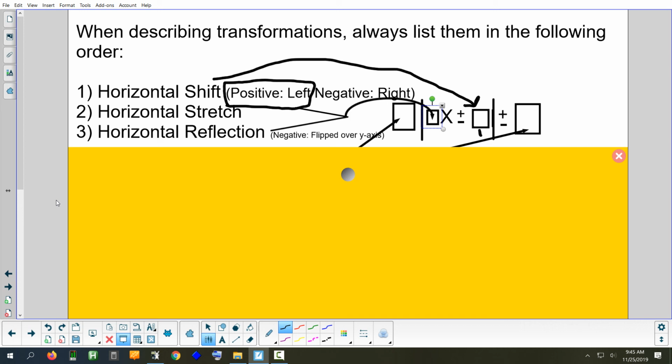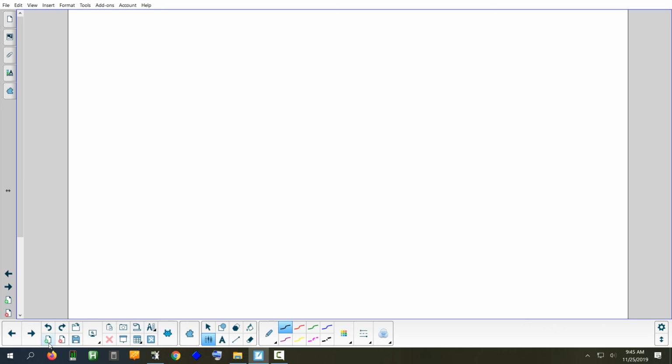Yeah. So horizontal flip means it's like a mirror image. Here's an example of a horizontal flip. Let me do it like this because it's easier.